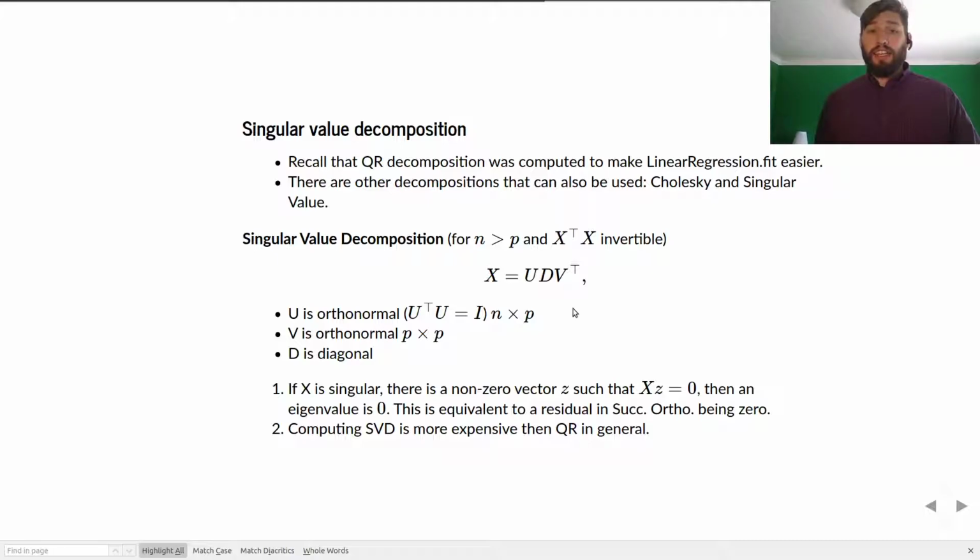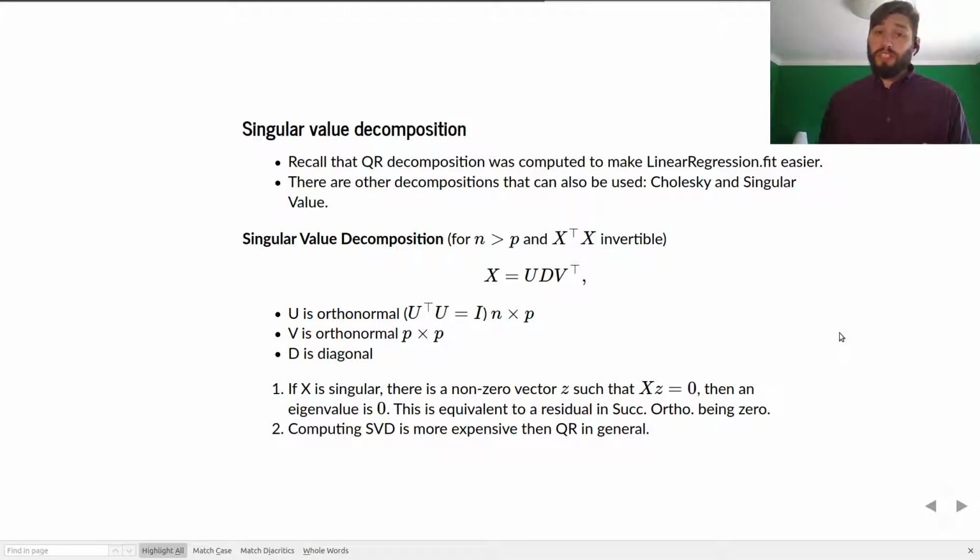Now, if X is singular, that is, when X transpose X is non-invertible, there will be some non-zero vector Z such that X times Z is equal to 0. That means some eigenvalue of X is going to be 0, so one of the diagonal elements of D is going to be 0.